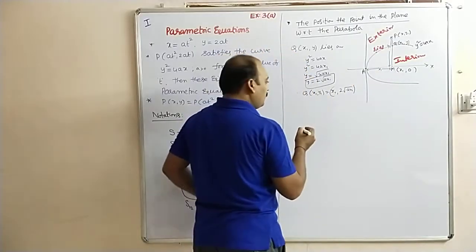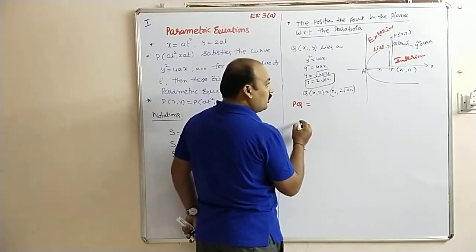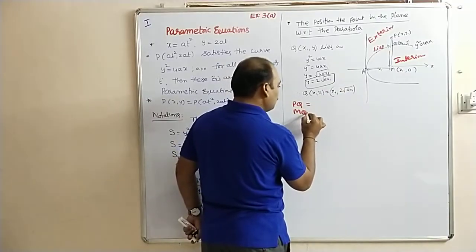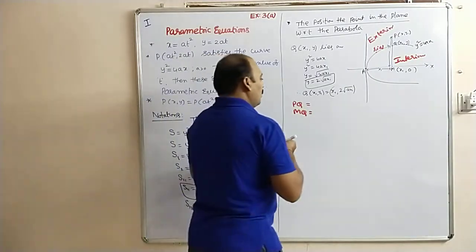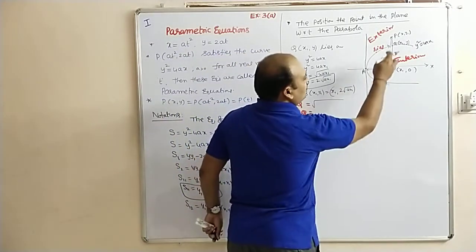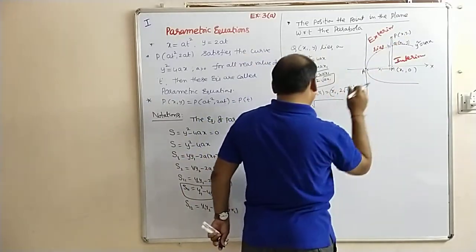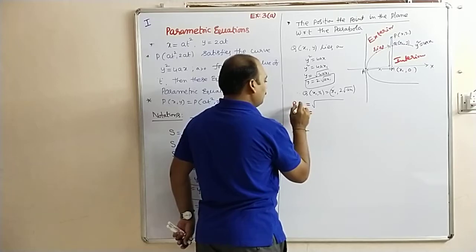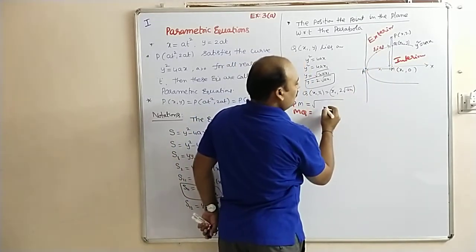Here, calculate the distance PM and the distance MQ. What is the value of the distance between P and M? Clearly this is y1.